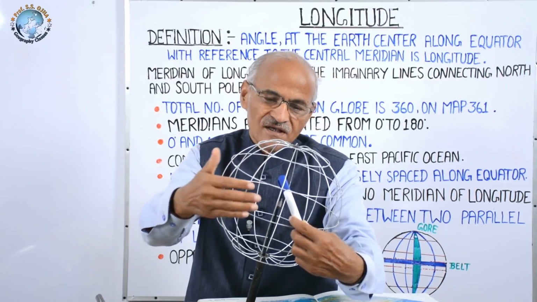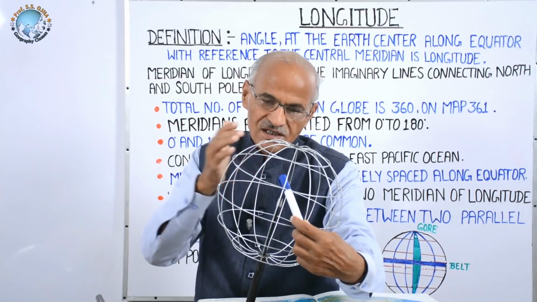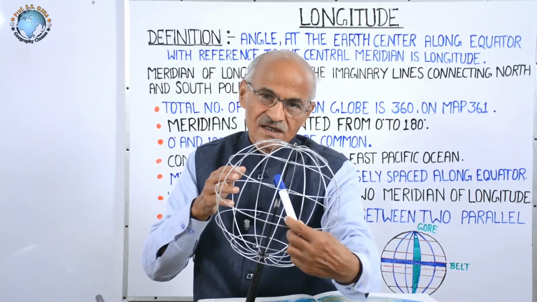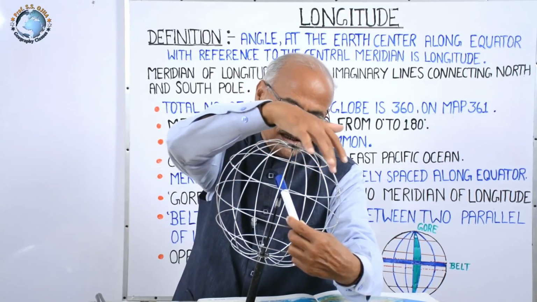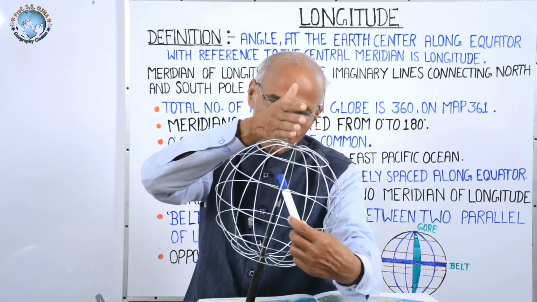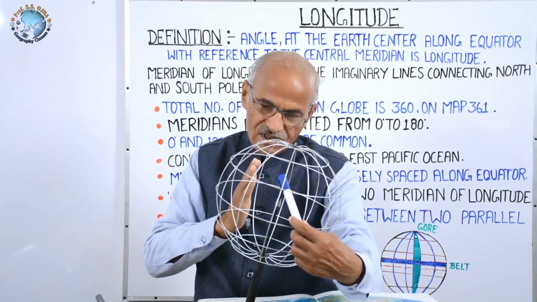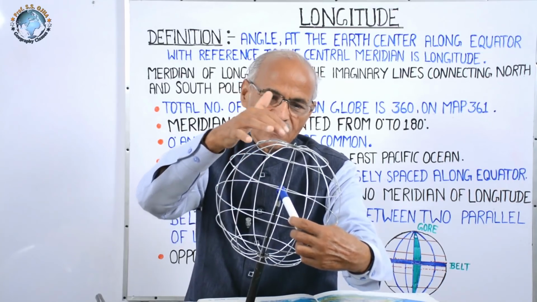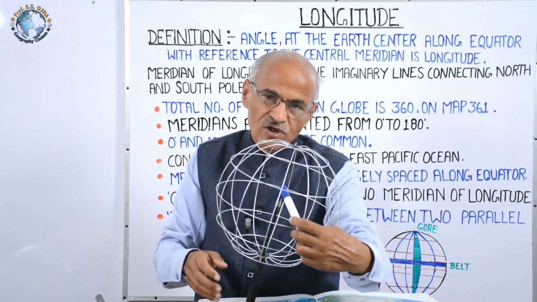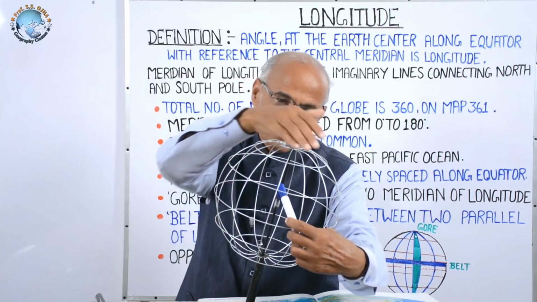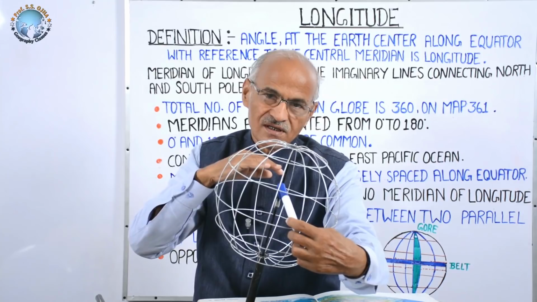This way, cutting from here, this will be the west hemisphere and this will be the east hemisphere. If you cut the entire globe along the 180 and 0 meridians, the globe is divided into two hemispheres, west and east.